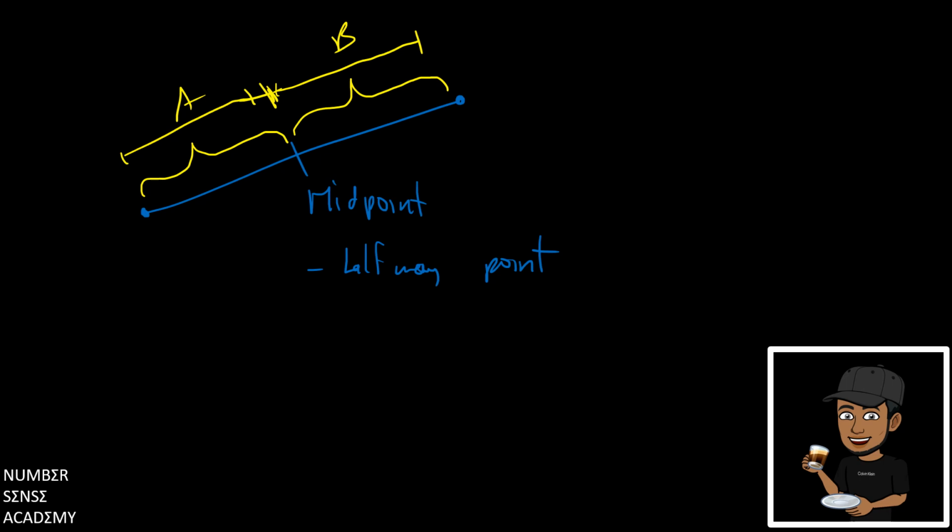So that's the midpoint. And this has very useful properties, or useful use cases, if you will. And we're going to get into some examples. But first, I want to show you how we calculate the midpoint.